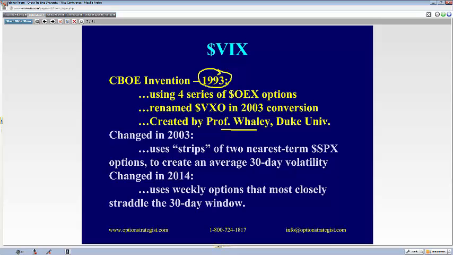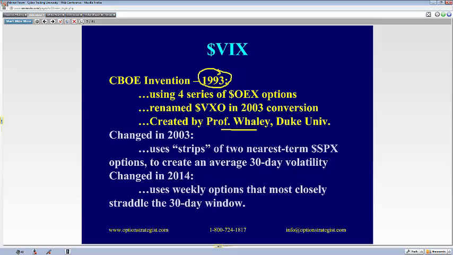In other words, all the striking prices from very low strike to very high strike, so a long series of options. And they used the two nearest strips to create an average 30-day volatility estimate. And that's what VIX is, a 30-day volatility estimate. They changed it slightly in 2014 so they could use the weekly options. But again, it's still a 30-day volatility estimate.